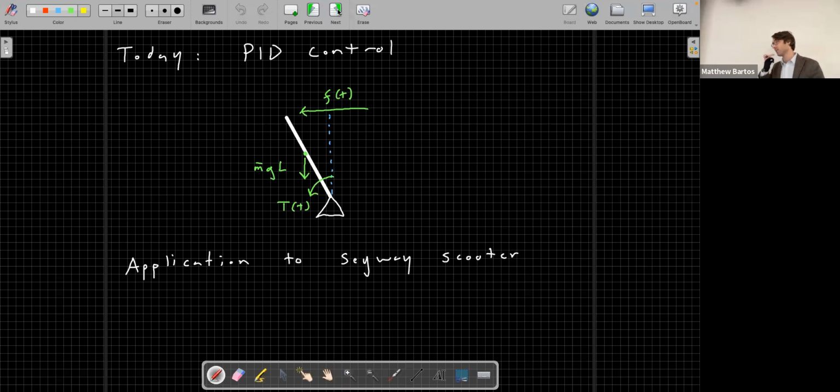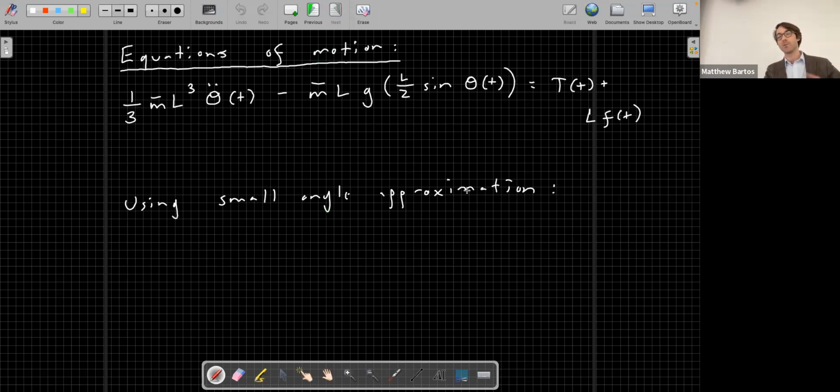Okay, and towards the end of class, we derived a dynamical model for the equations of motion of the Segway scooter. Essentially, we applied Newton's second law, the angular form of Newton's second law, to derive the equations of motion for this Segway scooter. In particular, applying that Newton's second law, so the rate of change of angular momentum has to equal the sum of moments around the base.